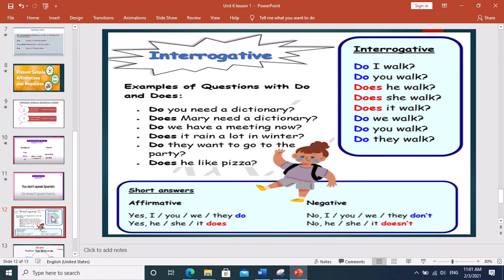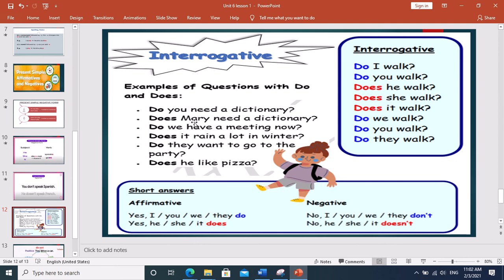Let's go to interrogative. Interrogative, which means how can I make a question in a present simple? I'm going to use do with I and you, and I'm going to use does with he or she. Let's see some examples of a question with do or does. Do you need a dictionary? I have here you, so I have to use do.